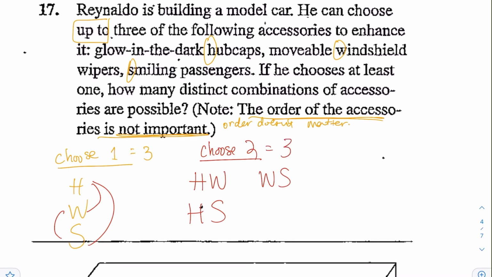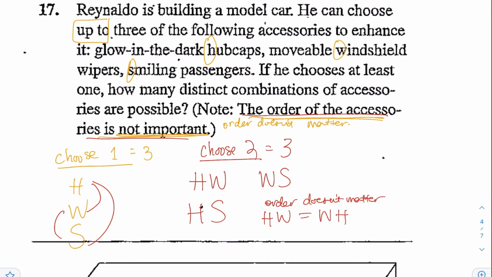Again, here order does not matter. So HW, if you pick the hubcaps and then the windshield, that's exactly the same as choosing a windshield first and then the hubcaps. So order doesn't matter here. If order did matter, we would have 6 options: HW and WH, HS and SH, and then WS and SW.